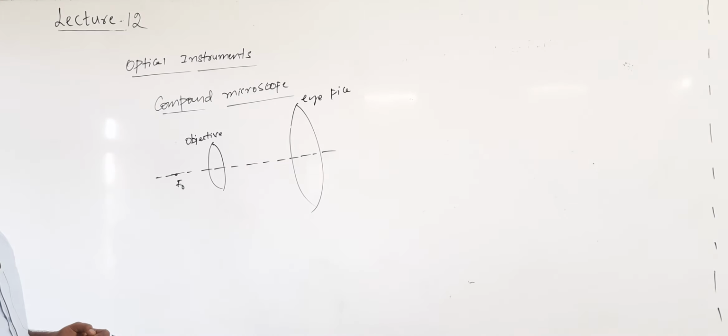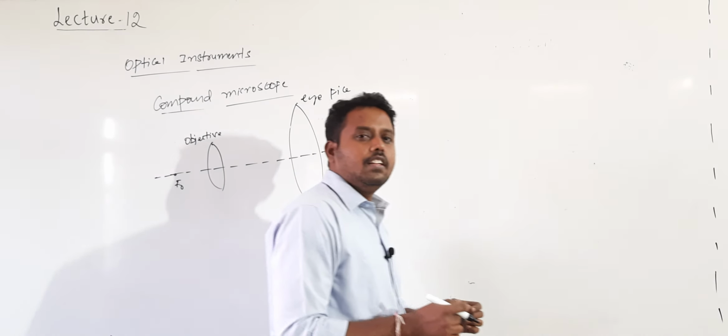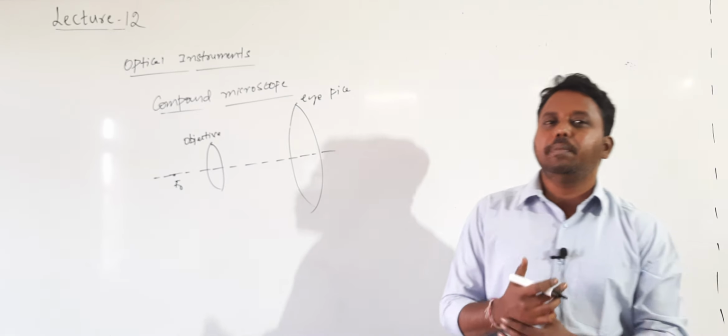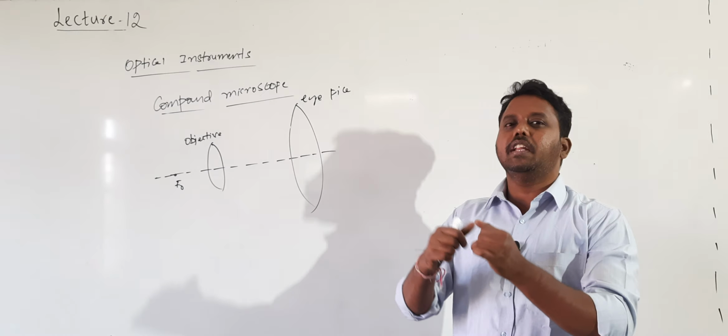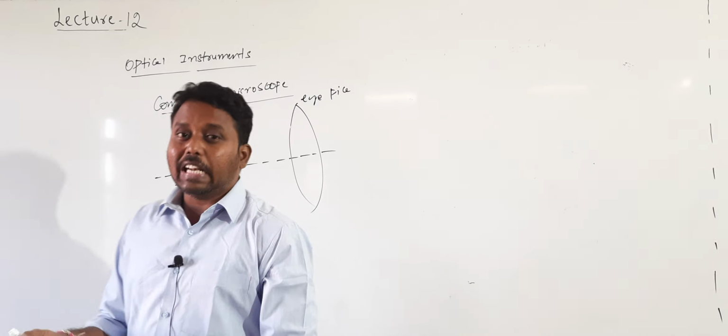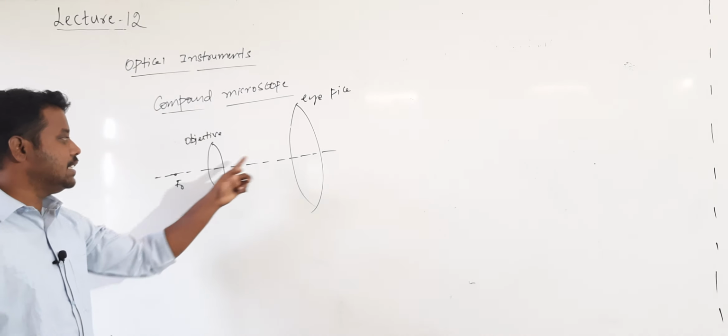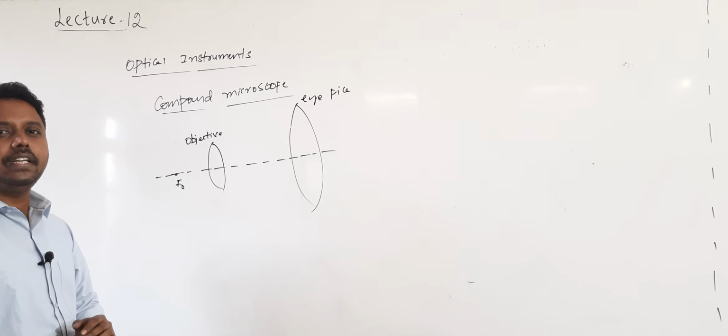You can adjust that distance with a special arrangement called the pinion arrangement, by which you can adjust the distance between the objective lens and eyepiece.